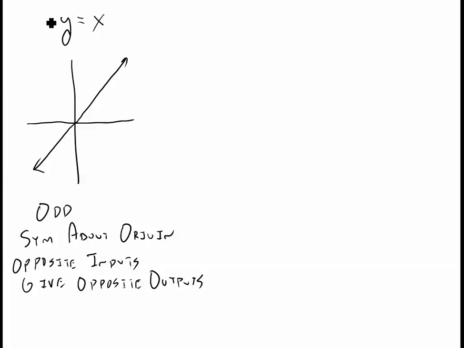So for example, if I change this to be f of x, actually using function notation, and we'll talk about, say, f of 1. When I plug 1 in for x, I get positive 1. For f of negative 1, the input, I get negative 1, the opposite output.